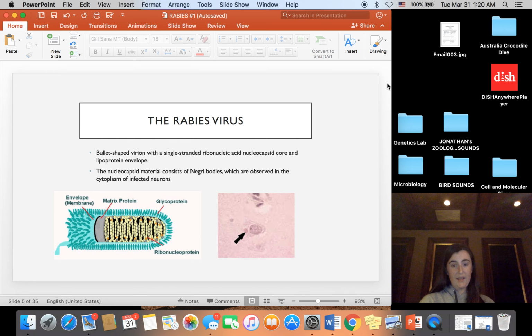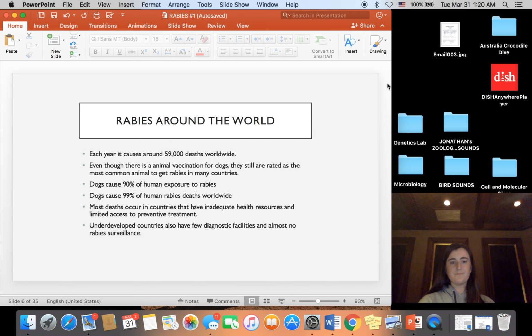The picture to the right is actually an affected neuron, and where the arrow is pointing, that's the rabies virus in the cytoplasm. So it causes around 60,000 deaths worldwide.